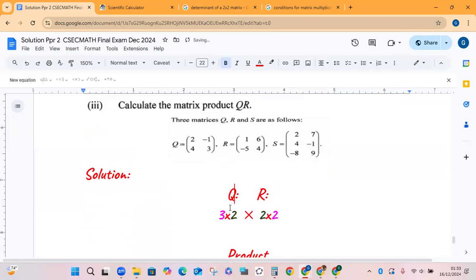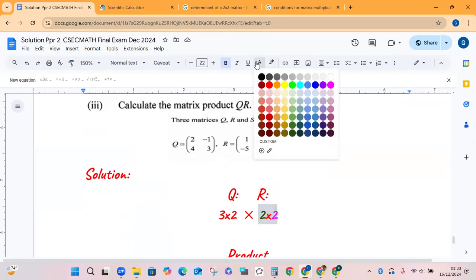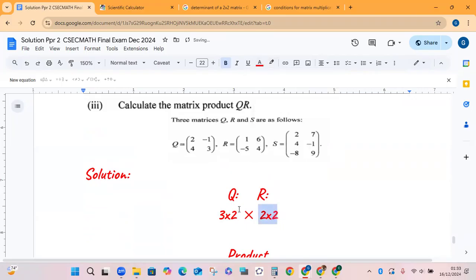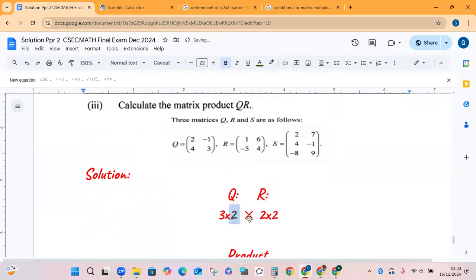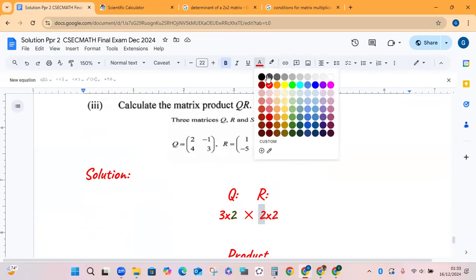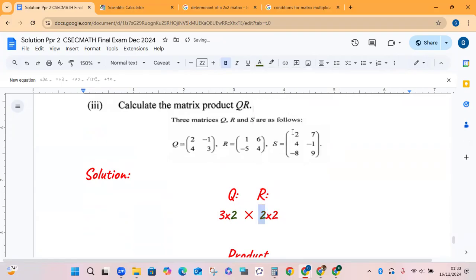Q is a 2 by 2. R is another 2 by 2. So since the number of columns, those two inner numbers, must be equal to each other. The number of columns in Q is equal to the number of rows in R. Multiplication is possible.